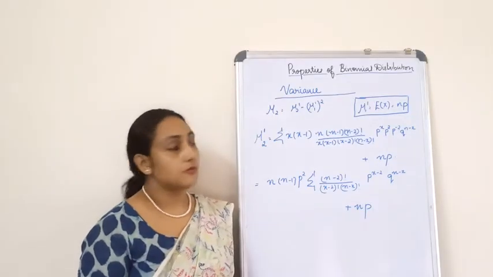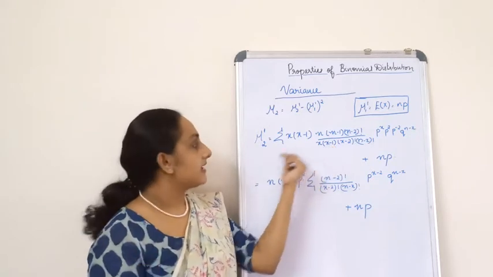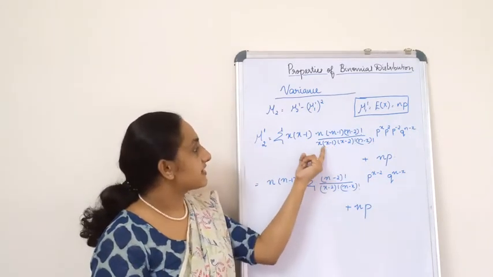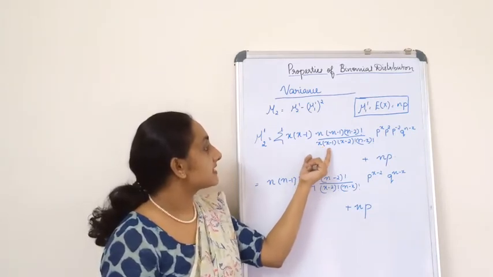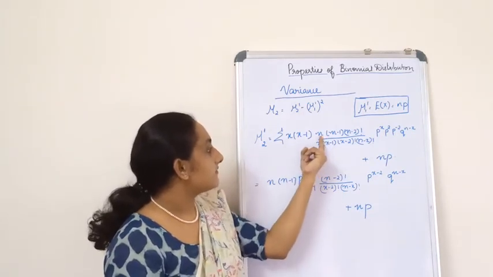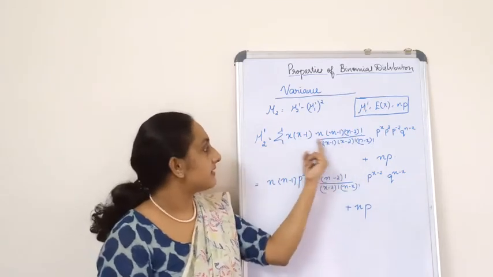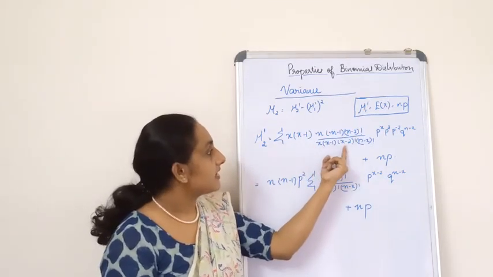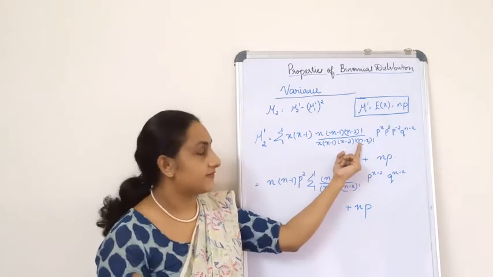Okay, now in the next step we are going to rewrite some of the terms. So the nCx will be rewritten as n into n minus 1 into n minus 2 factorial divided by x into x minus 1 into x minus 2 factorial into n minus x factorial.